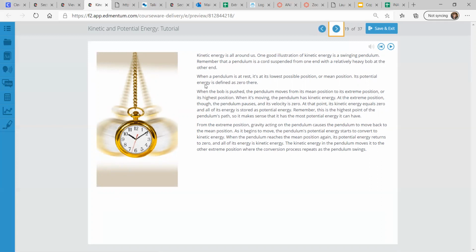So at the high point, it has all potential energy, no kinetic energy. And then as it swings to the bottom point, it's moving the fastest, so it has the most kinetic energy and the least amount of potential energy. So there's a trade-off.